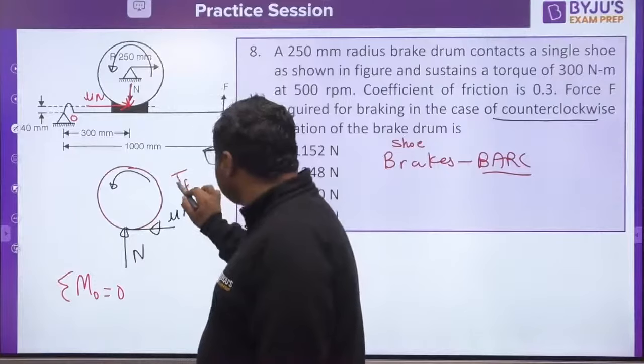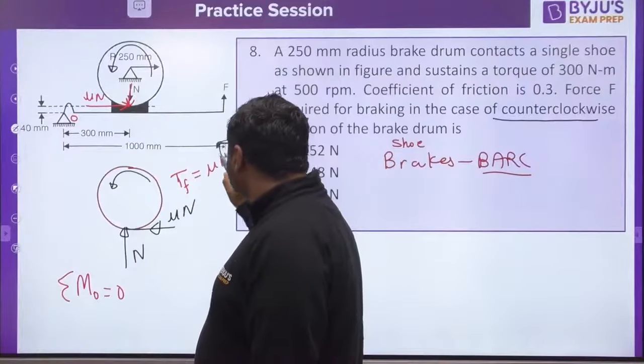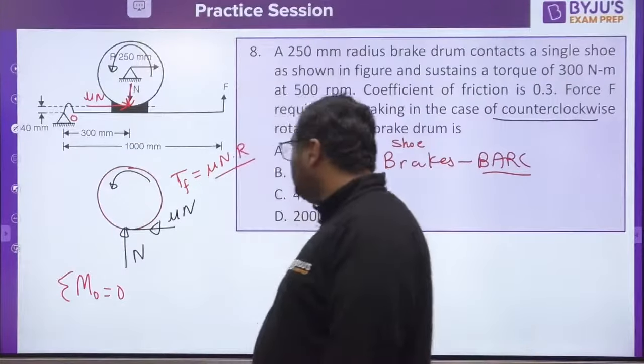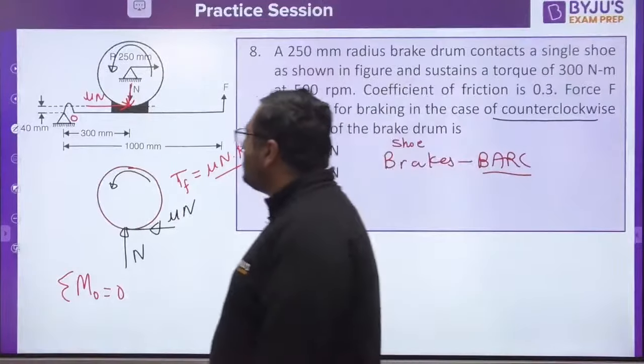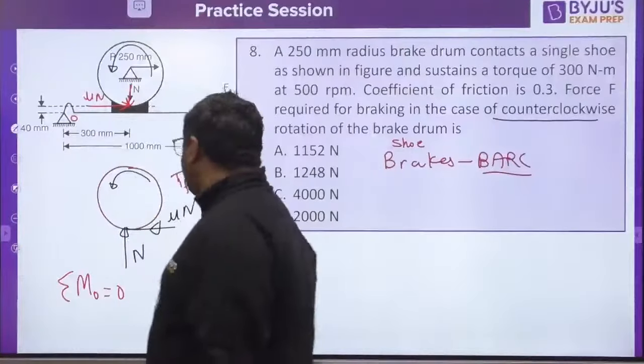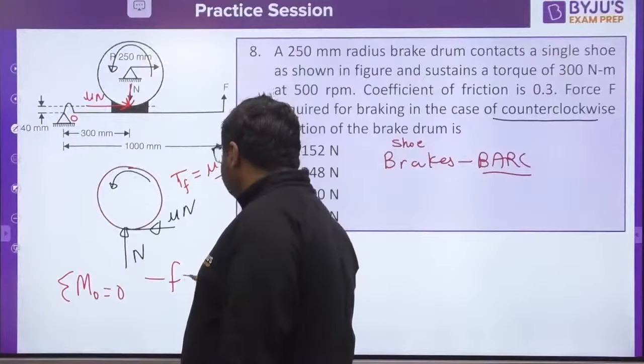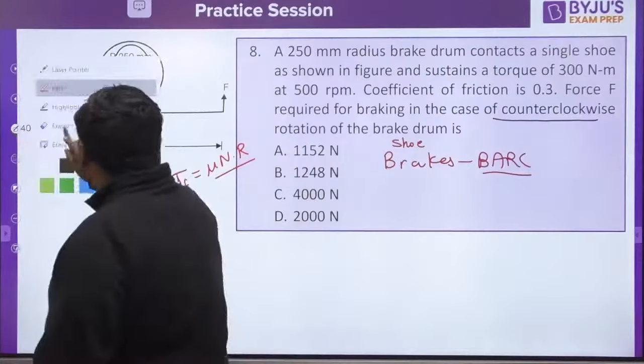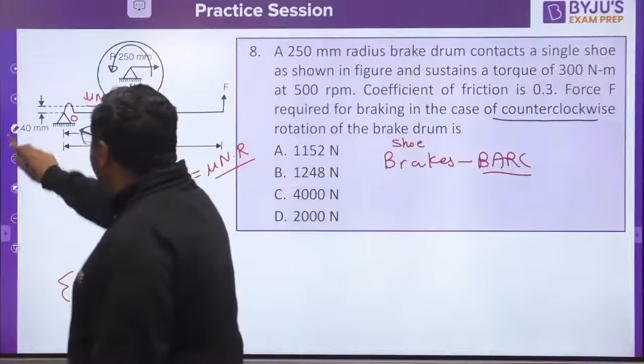Frictional torque is mu N R. So when you do the summation moment O to be 0, this F is creating anti-clockwise. So minus F into 1000. So I am giving you the hint.